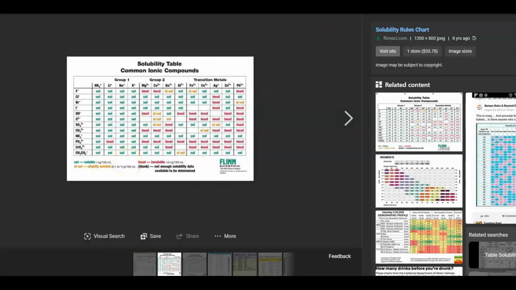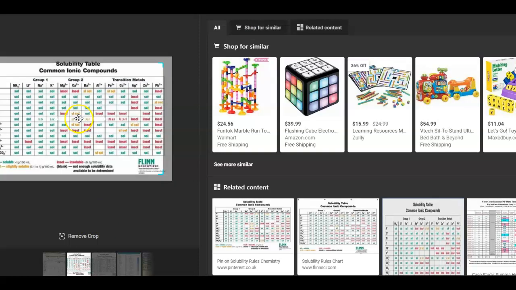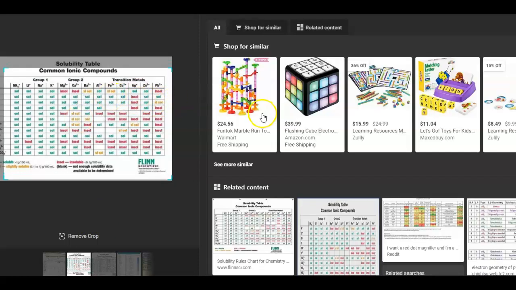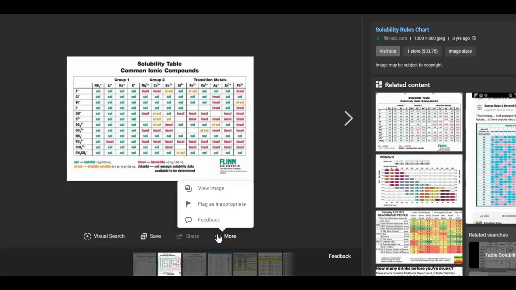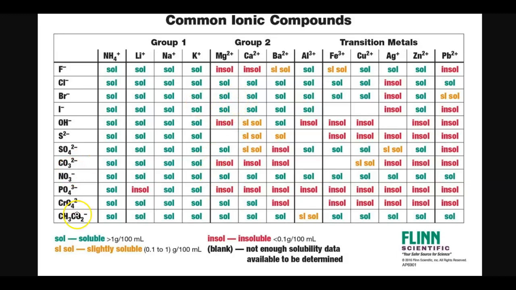I will try to zoom it, but maybe no. Remove. Okay, maybe no. View image. Maybe yeah, it's like this.